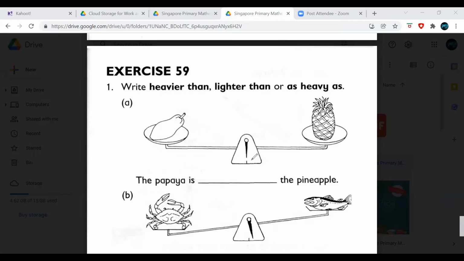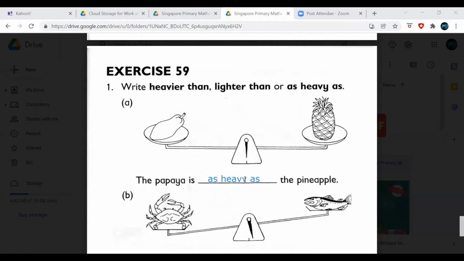I think it's tilting to the right, but it's basically the same. So I'm going to say as heavy as. Okay, so I'm going to put a text box, as heavy, like that.